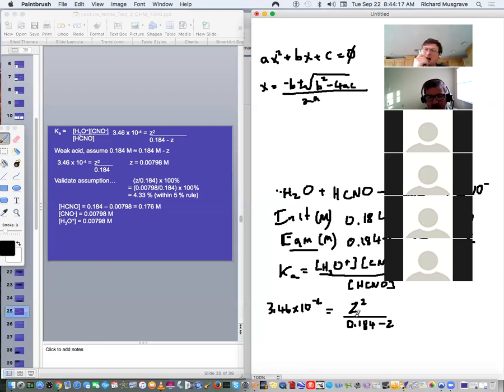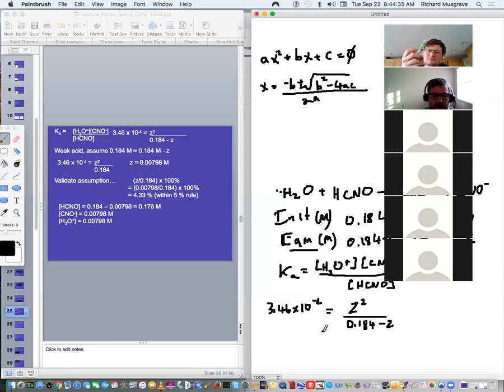Now the thing is, that's pretty undesirable. I don't think anybody wants to be doing that kind of math. So here's what we do. We look at the Ka value and ask ourselves, is it a high value or a low value?